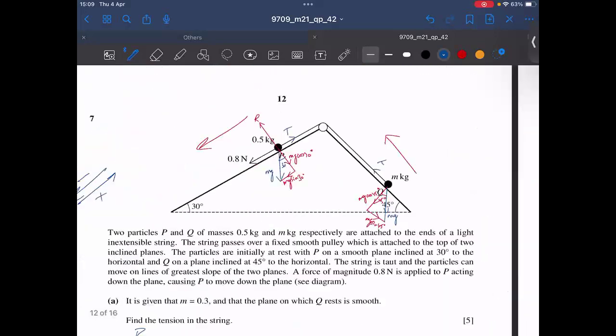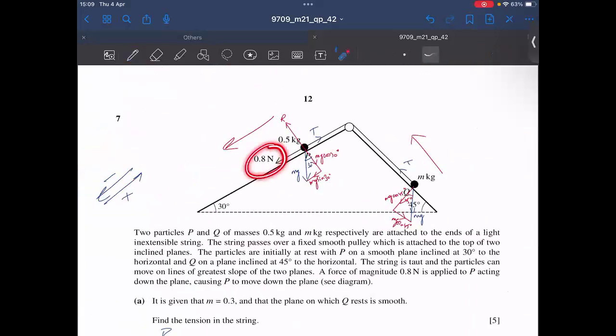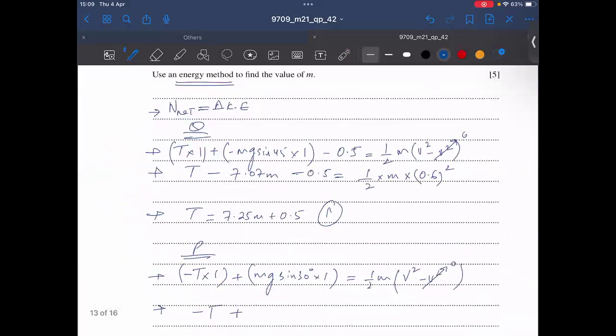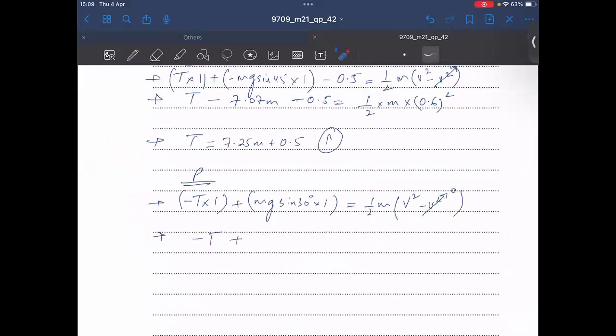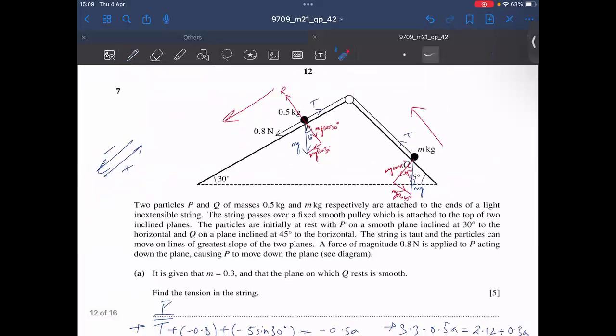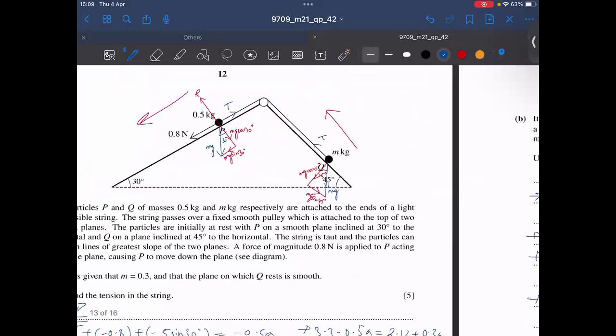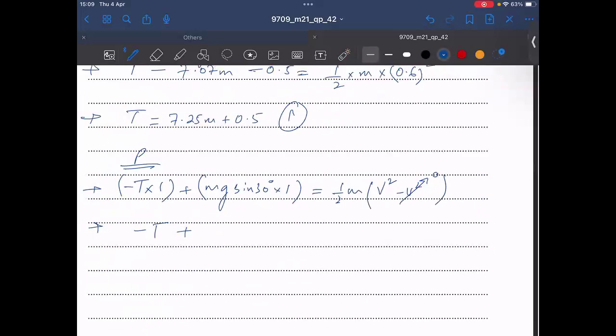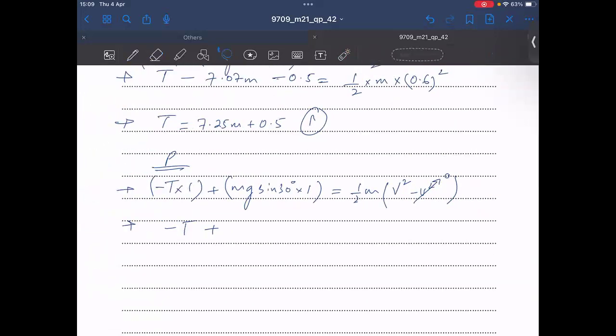Now there's work done by this force as well, 0.8 Newton. I just forgot to include this. It's going to be positive as well because this force on P is directed downwards and the displacement is also downwards. So the work done by the force of 0.8 Newton is positive as well.